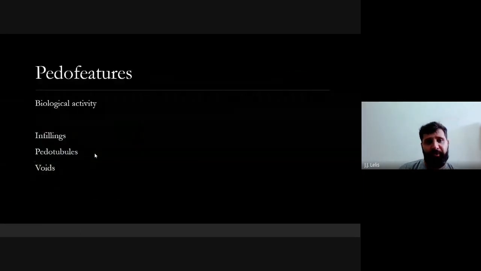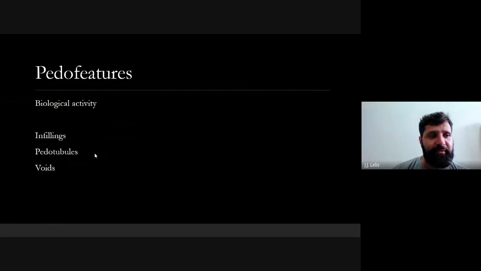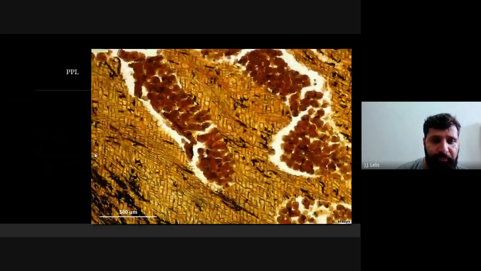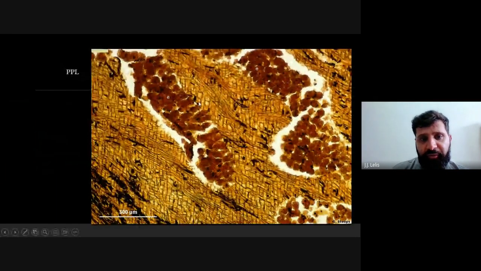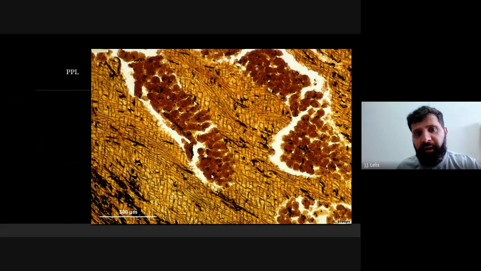We have some pedofeatures that are quite related to biological activity, so they tell us a lot about the production of soil by animals. And we have some infillings of excrements. These excrements partially fill these voids, and they are formed by the action of termites, ants, and other bugs inside the soil.